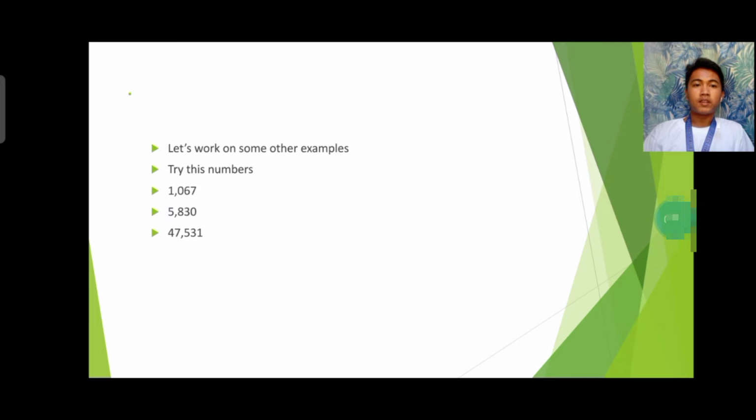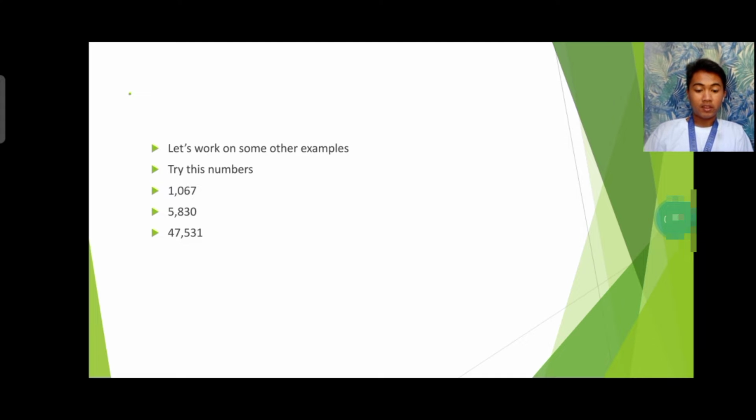Let's work on some other examples. 1,067, 5,830, 47,531. So 1,067, if we look at the last number, that number is odd. So the entire number will be odd. So 5,830, this ends in a 0. 0 is even.